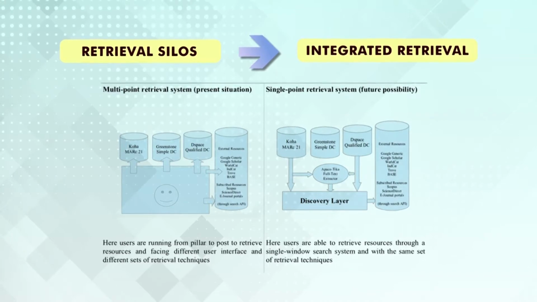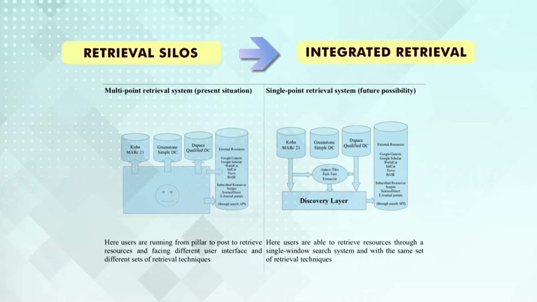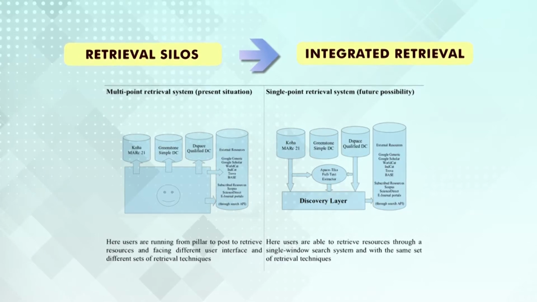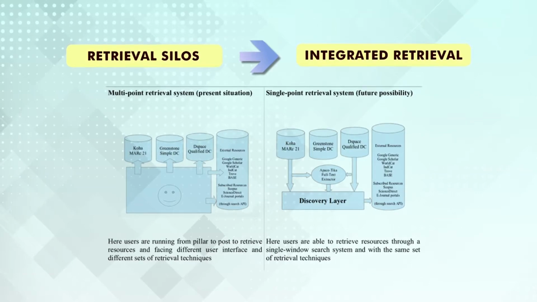So, this is basically the difference between the retrieval silo oriented library search system, the present generation, and the future generation which is coming in a rapid way, called integrated retrieval by merging all kinds of retrieval silos.